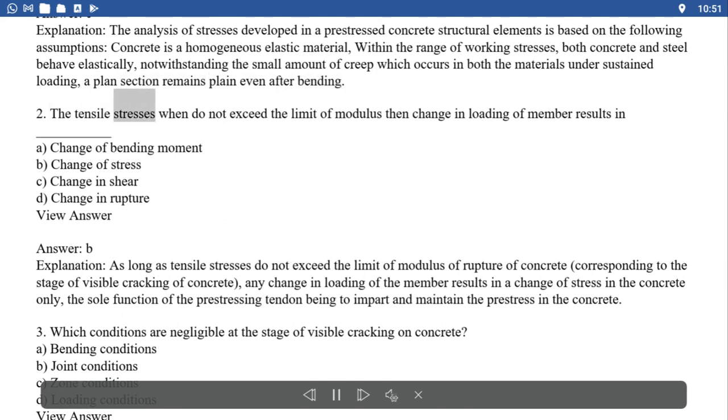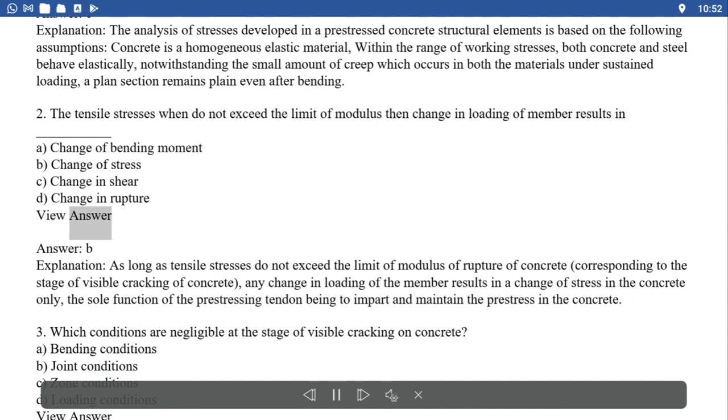2. The tensile stresses, when they do not exceed the limit of modulus, then change in loading of member results in? A. Change of bending moment. B. Change of stress. C. Change in shear. D. Change in rupture.